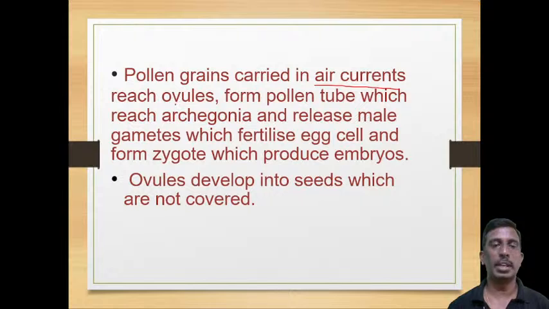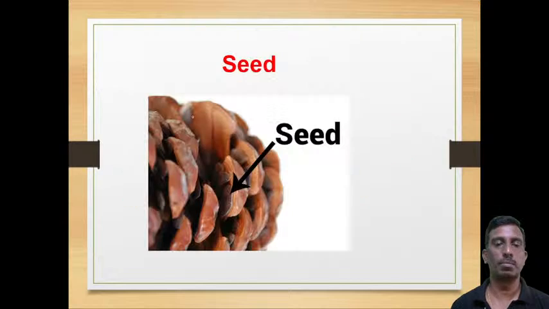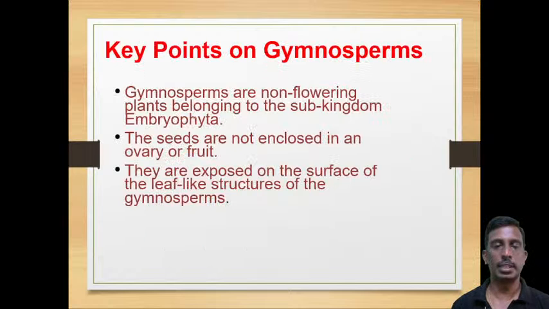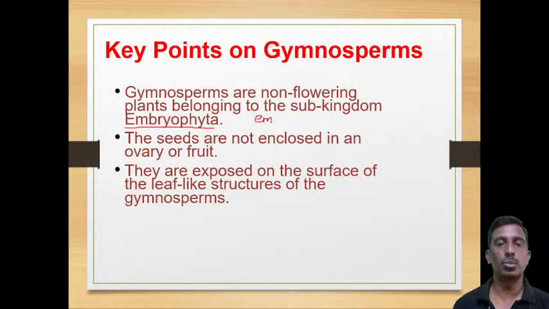On germination, they reach the female part, and on fertilization they produce the zygote and embryo. So these are seeds. Okay. So they come under Embryophyta, where an embryo is produced. Seeds are naked, without an ovary.